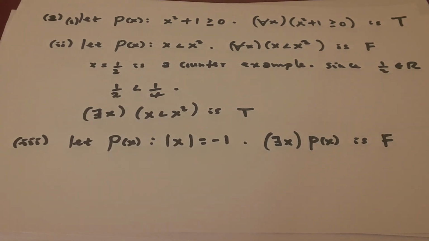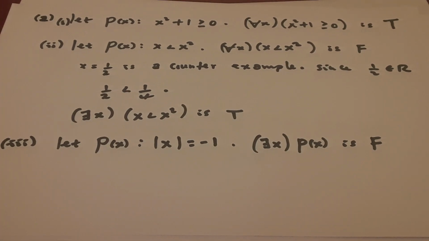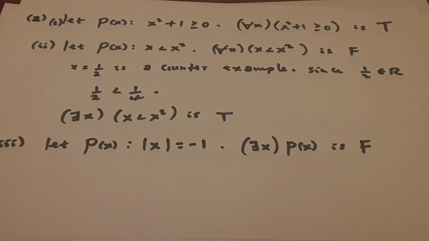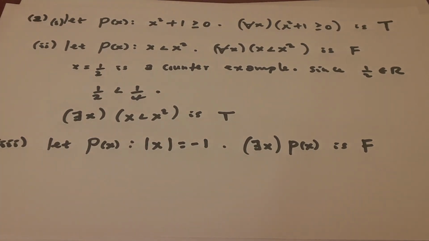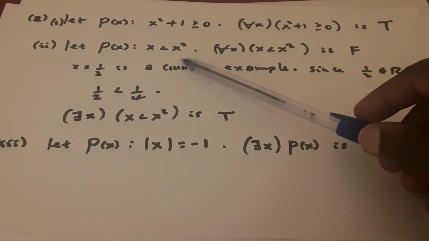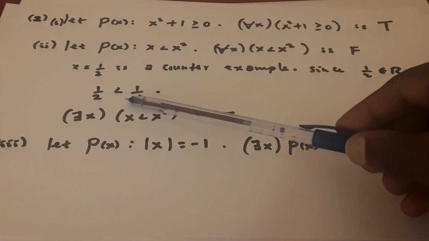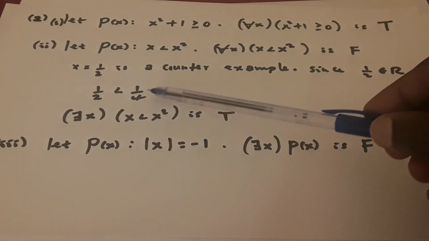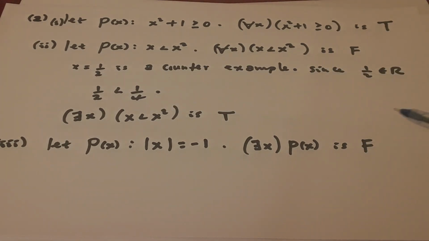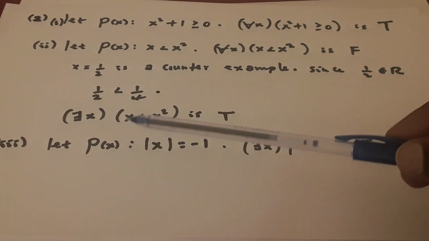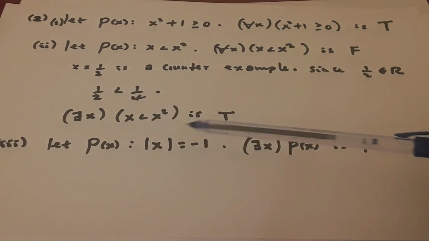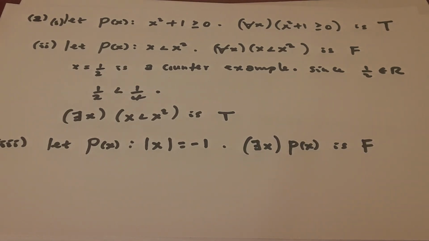Let's say half is a real number. Therefore, plugging into this proposition, half less than half squared, which is 1 over 4, is false. But if there exists some x, for some x, x less than x squared is true. Let's say x is minus 1.